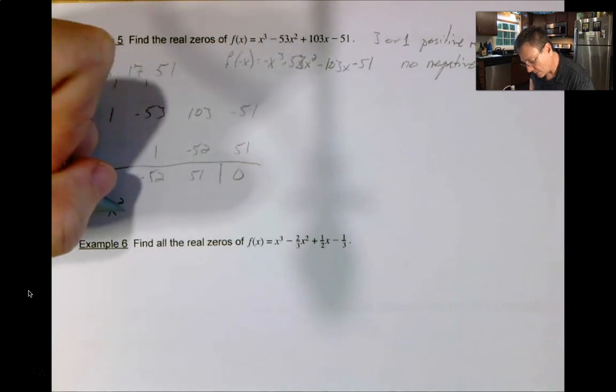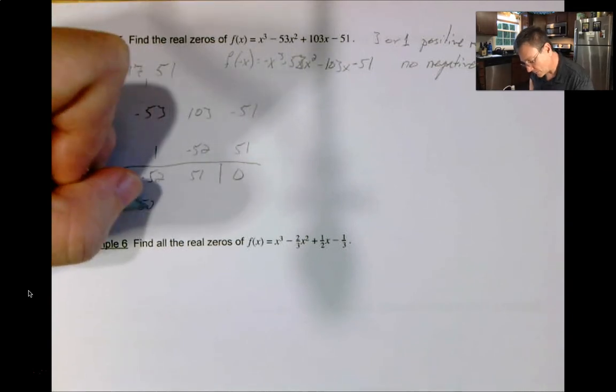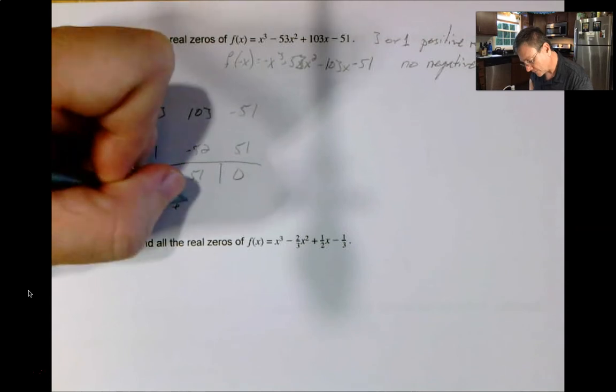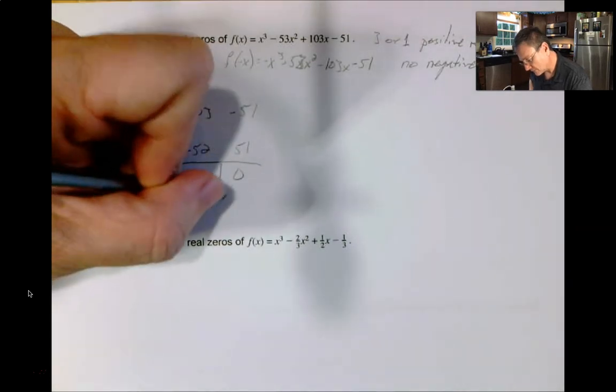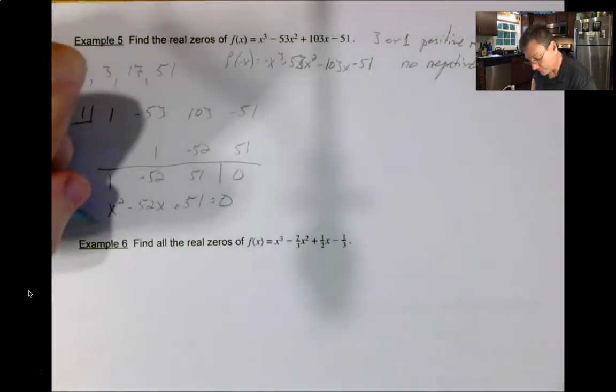X squared minus 52x plus 51 equals 0, and this actually factors.